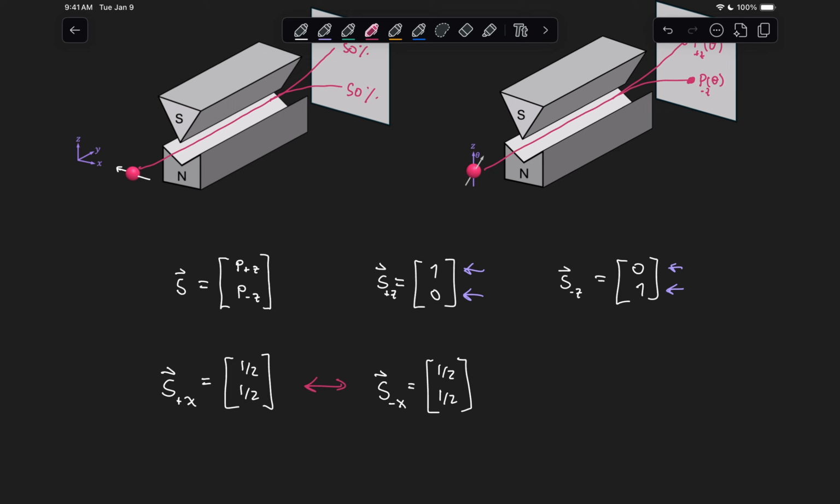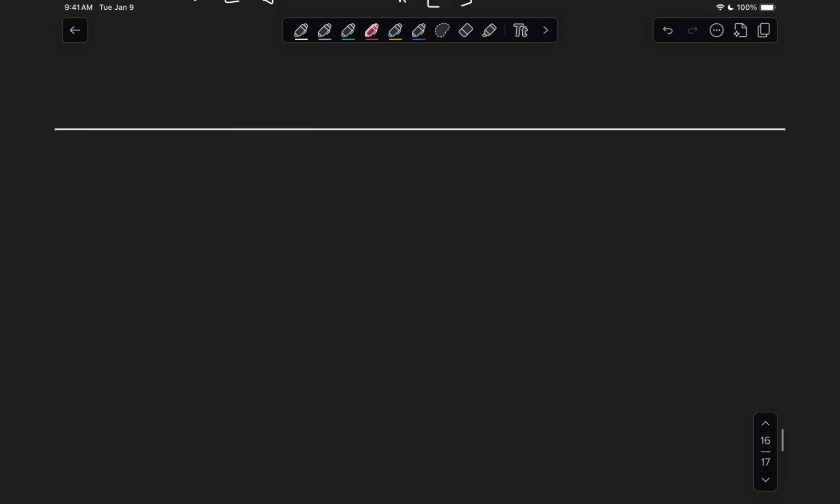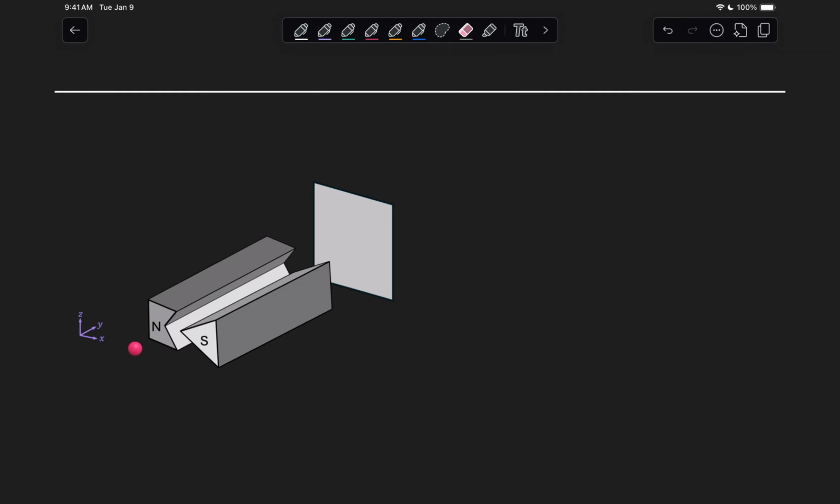And the problem with this is that this can't be right, because there's another experiment that can show us that an electron with a spin in the plus x direction and an electron with spin in the minus x direction are different. And the way to show that is by taking our Stern-Gerlach apparatus and rotating it by 90 degrees.